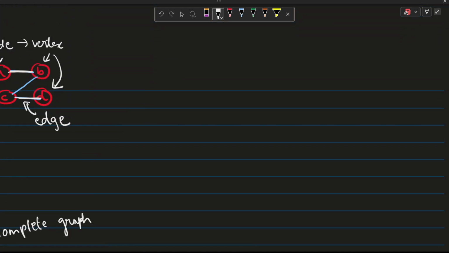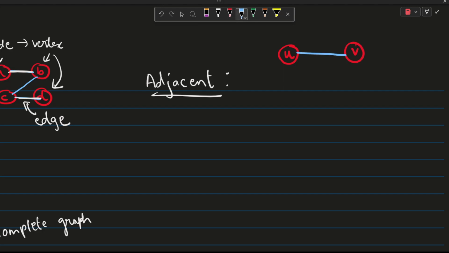Let's see what is adjacent. Consider the following example. This is U, V, the vertices, and there's an edge connecting both.